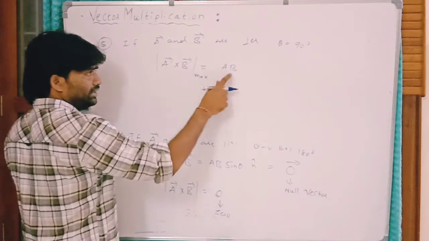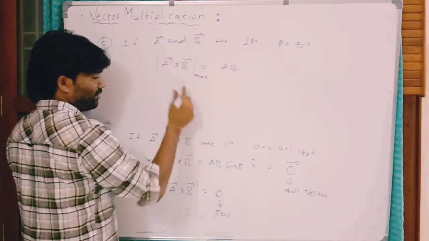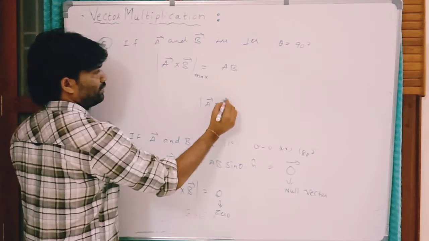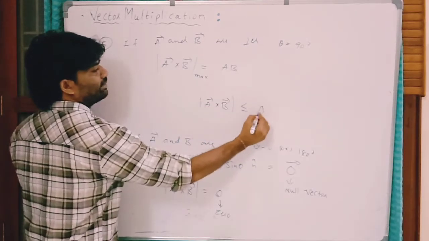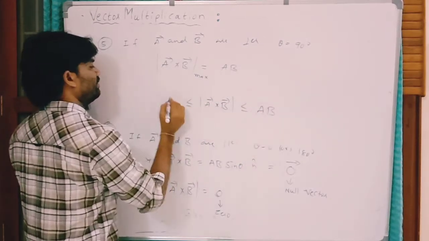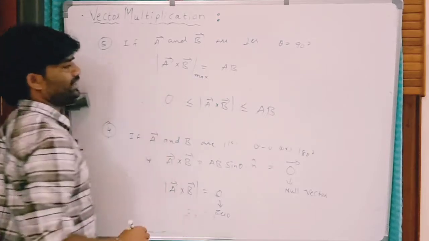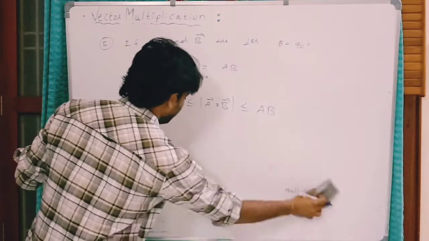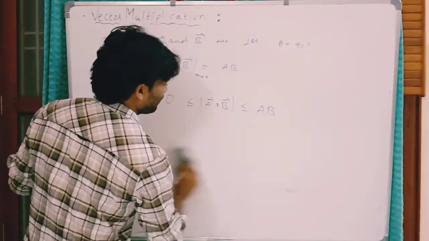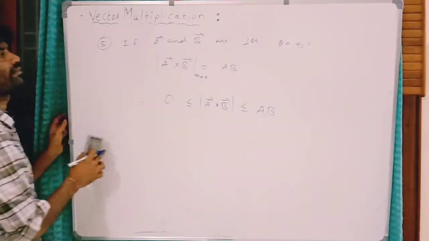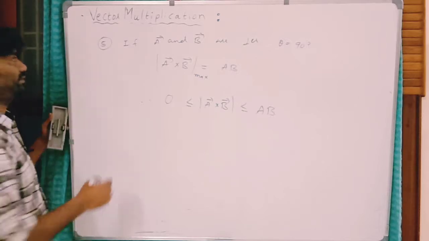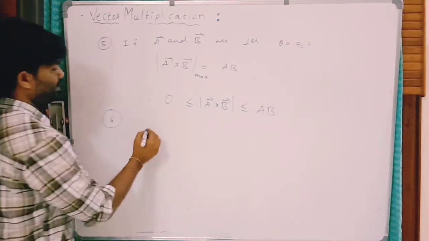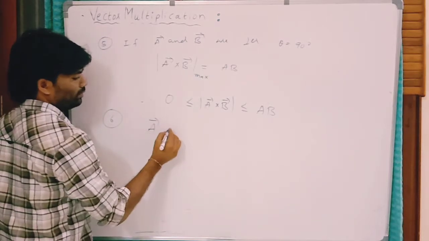AB is the maximum magnitude of the cross product of two vectors. So the magnitude of the cross product of two vectors lies between 0 and AB. It is never negative, right? That is the range of the magnitude of the cross product of A and B. Remember that.